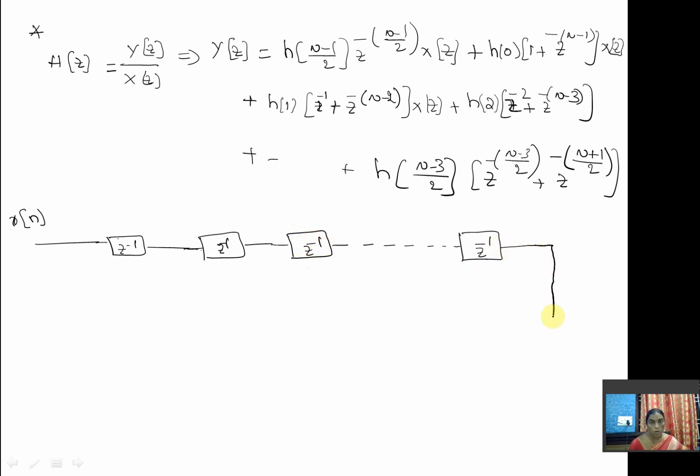That's why here we don't include any z inverse separately, as we did in the previous case, where we included one delay unit separately.